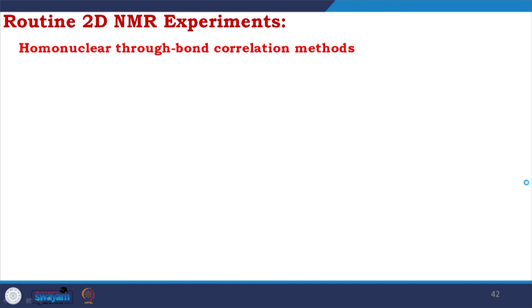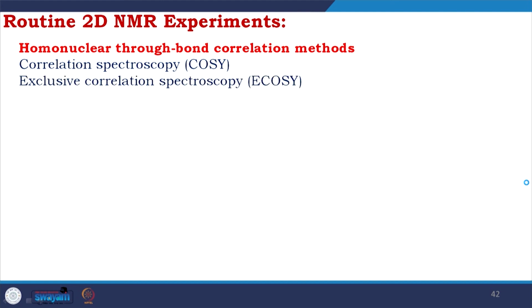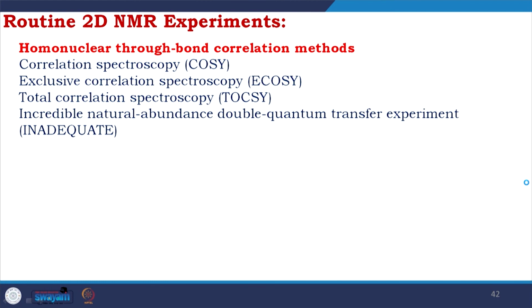For homonuclear through bond correlation, there is correlation spectroscopy or COSY, exclusive correlation spectroscopy or ECOSY, total correlation spectroscopy or TOCSY, and incredible natural abundance double quantum transfer experiment or INADEQUATE.